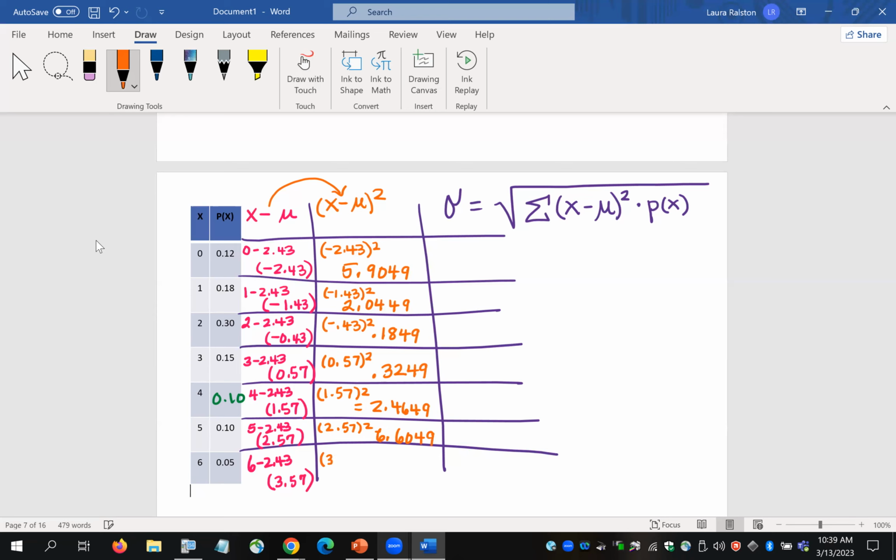And then lastly, 3.57 squared is 12.7449.